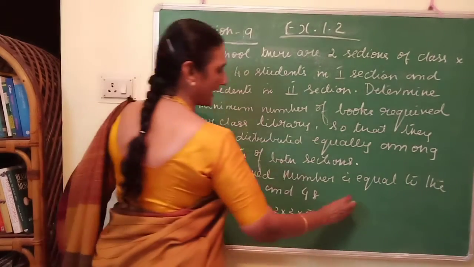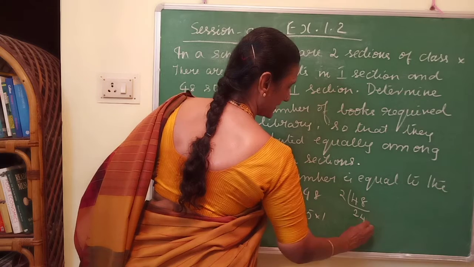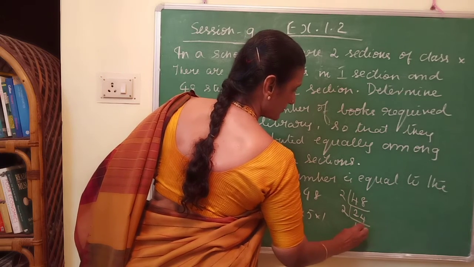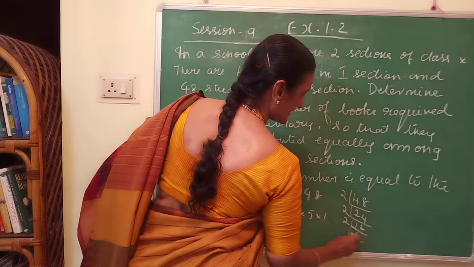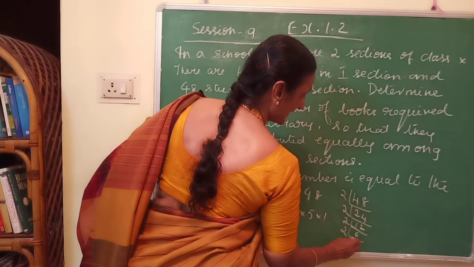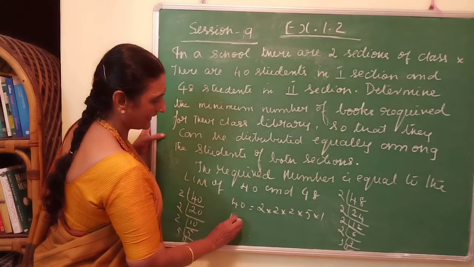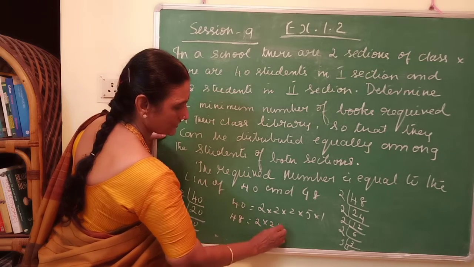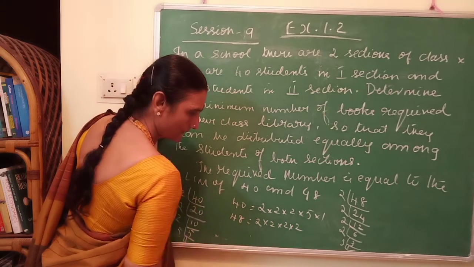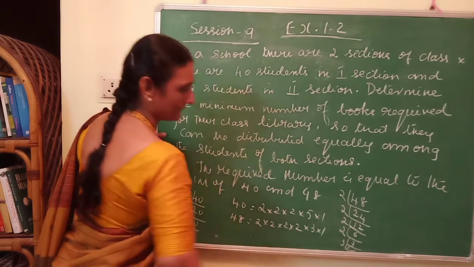Now get 48. How do we do? 2 times 24, 2 12 times, 2 6 times, 2 3 times, and 3 is a prime number. Therefore, I write 48 is equal to 2 into 2 into 2 into 2 into 3 into 1.